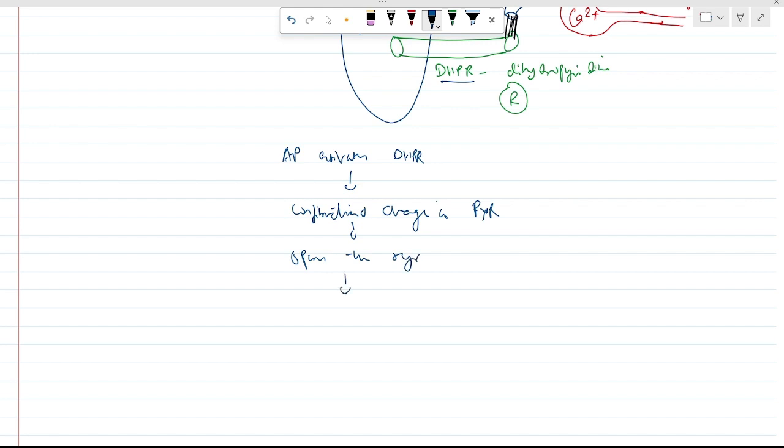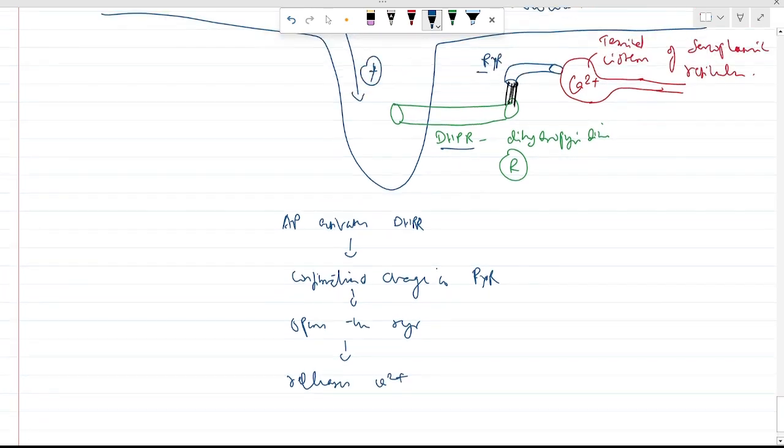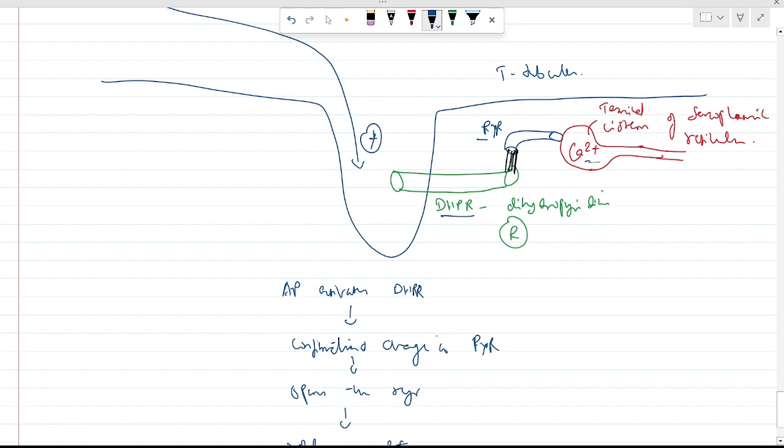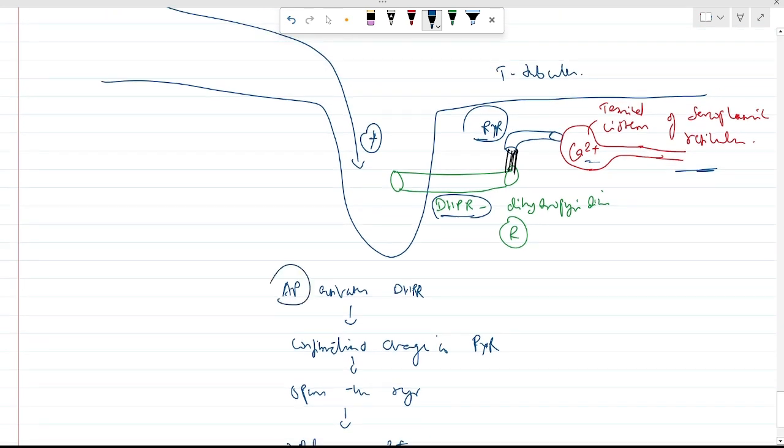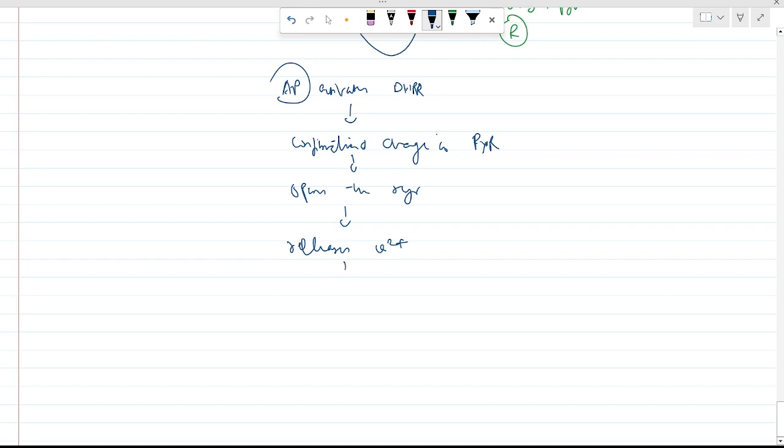This ryanodine receptor opening releases calcium from the terminal cisternae of the sarcoplasmic reticulum. What is required for this opening of the RYR lock? DHPR, which is the key. And what activates DHPR? Action potential. Release of calcium will ultimately lead to contraction.